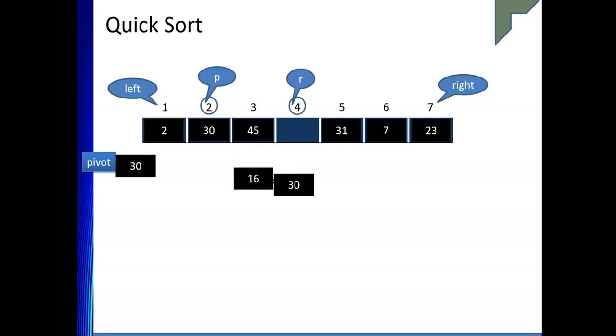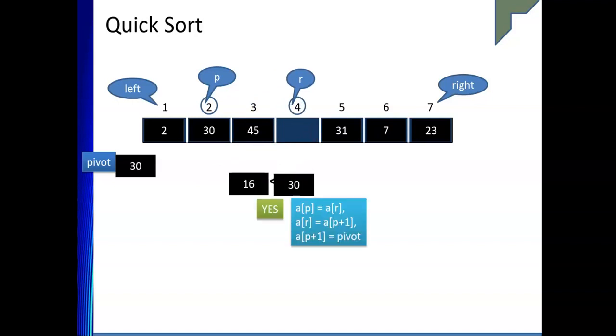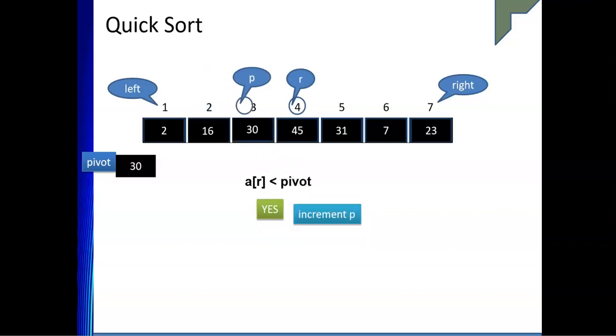Is 16 less than 30? Yes. So I put 16 in place of 30, and whatever element is after 30, I just shift it. So I shift 45 and then put 30 in this place. Now I have 2 and 16, which are less than 30, and 45 greater.